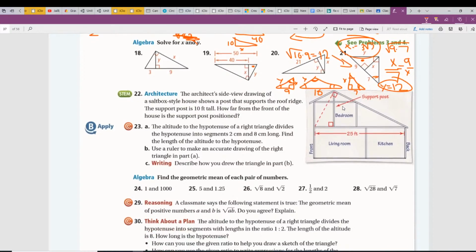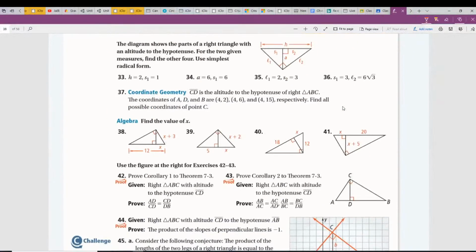Okay, now 41. 41 is actually a pretty algebraic one. We have to do a lot of algebra here. So we have the same situations, but we have more variables than numbers.